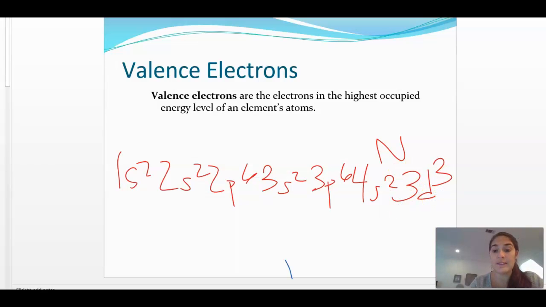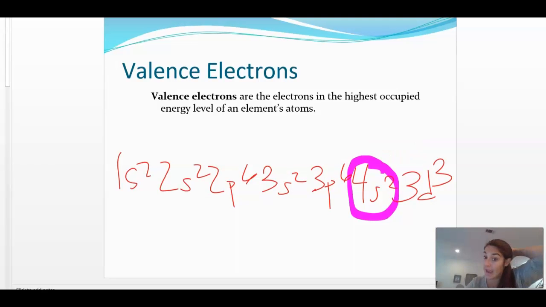Well, your valence electrons are these 4s2 because that 3 of the 3d3 is that lower energy level, okay? So it won't count in terms of your valence electrons. Again, looking for that highest energy level.